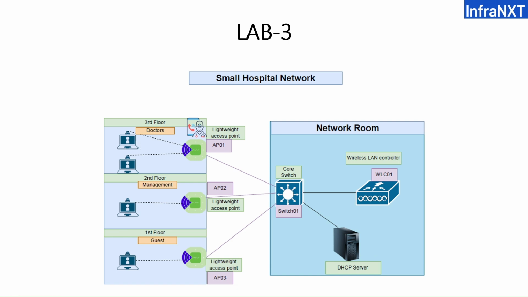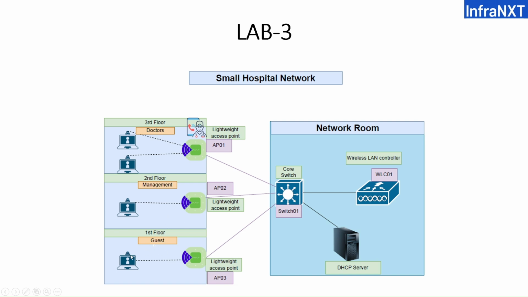Maybe it's conference related work, maybe some kind of operations task, or anything where doctors specifically require their network. So how am I going to achieve this? The doctors get their network on the third floor, and if they go to the second floor, they will not be connecting to the management network or the guest network.